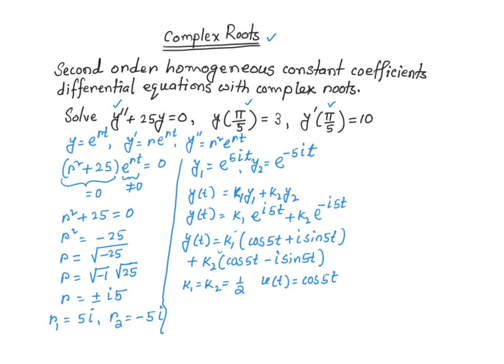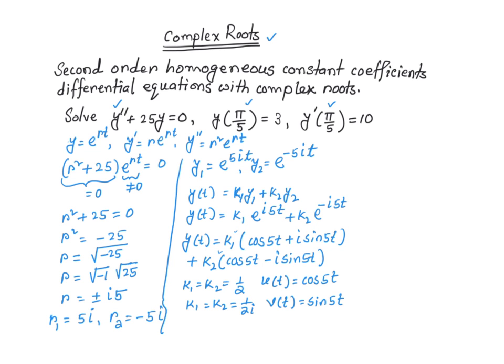Now, if I make the assumption that k1 is equal to negative k2 is equal to 1/2i, then I will get v of t is equal to sine of 5t. And this is basically using the fact that a linear combination of two solutions is also a solution to the differential equation, and we could select specific values of k1 and k2 to come up with a solution that is real as opposed to having an imaginary part.